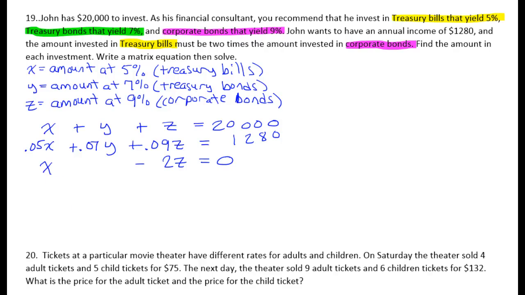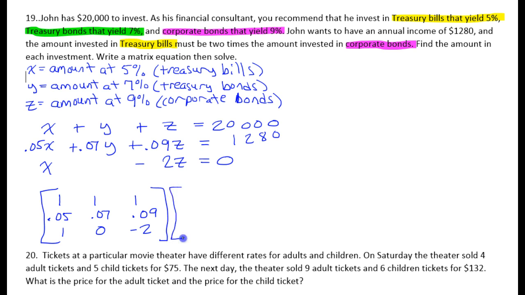Looking at the coefficients, we have 1, 1, 1, 0.05, 0.07, 0.09, and 1, 0, because there's no y, -2. So this is the coefficient matrix.